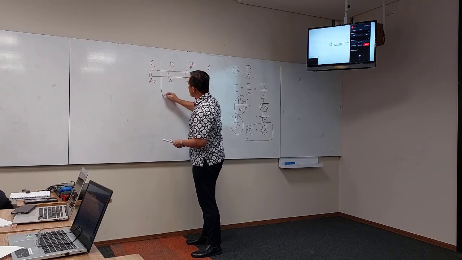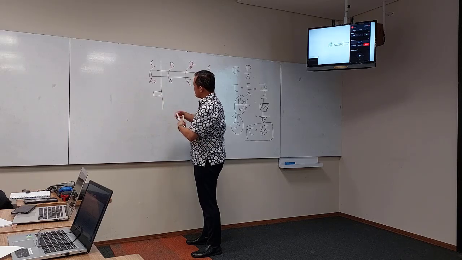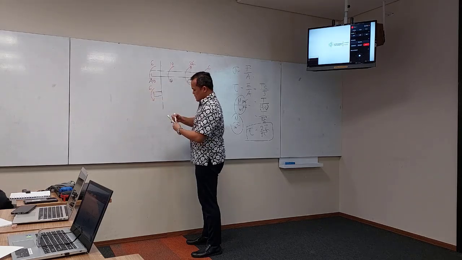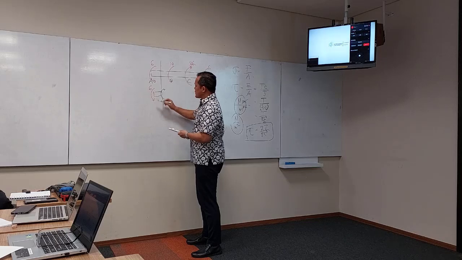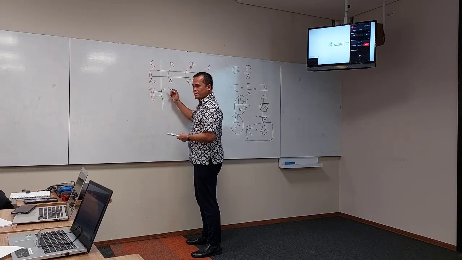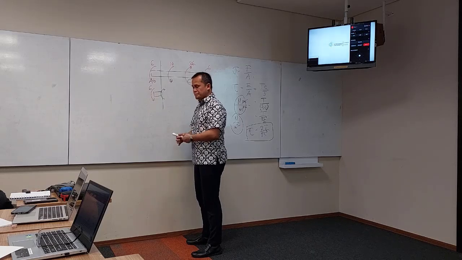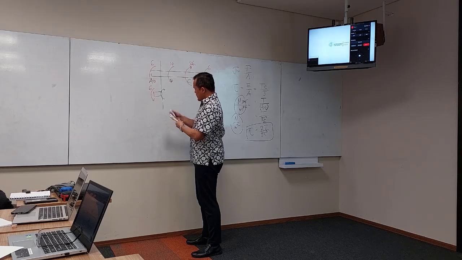So you do this, you will have balance 6. Counterclockwise, clockwise. So the internal torque is clockwise torque, which is 6.